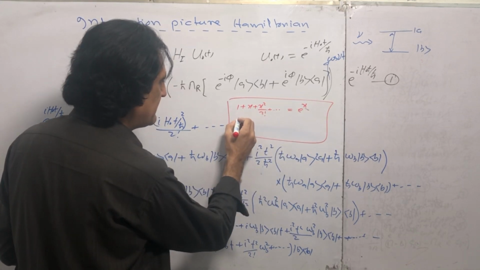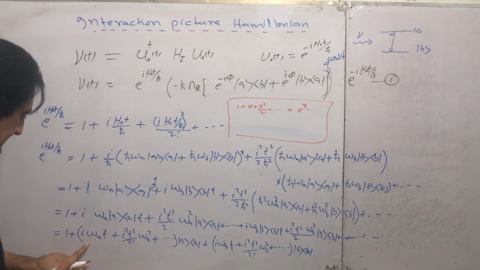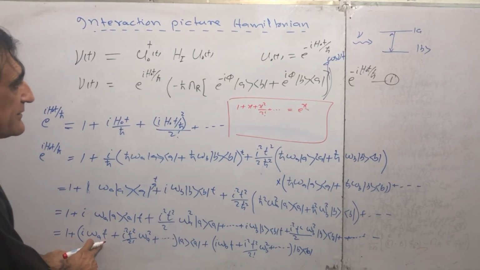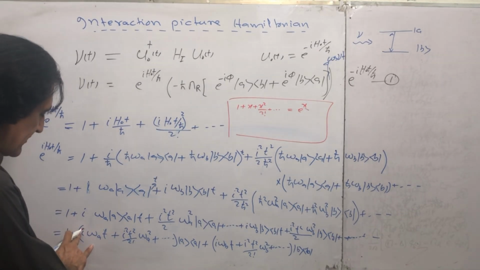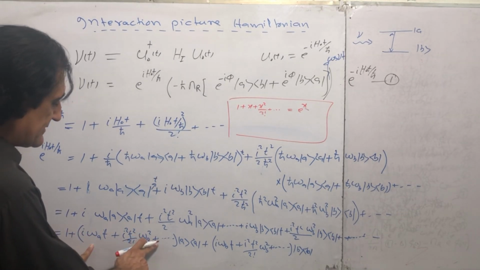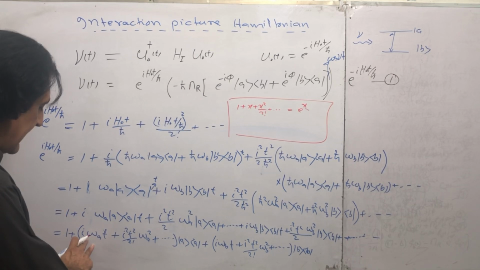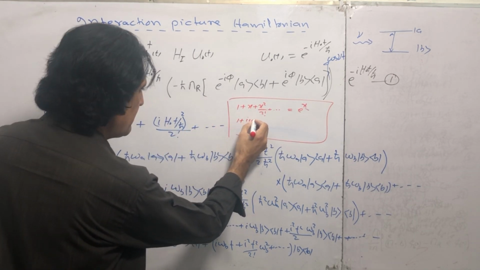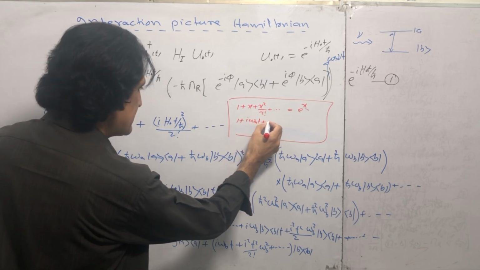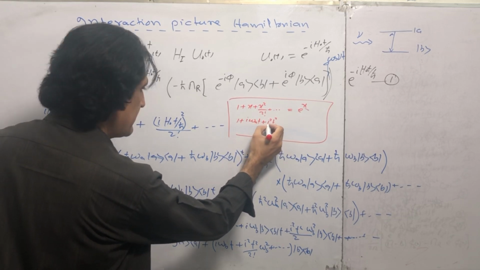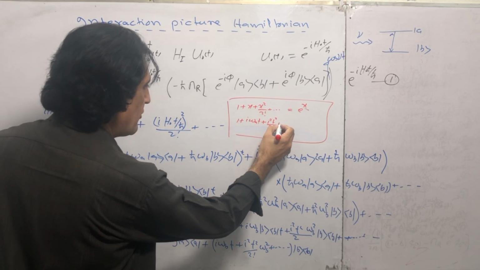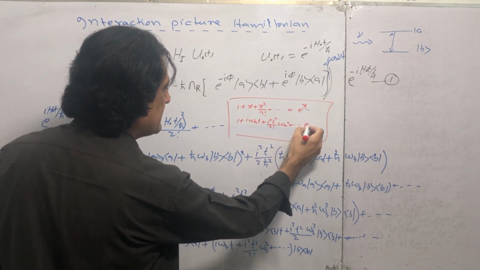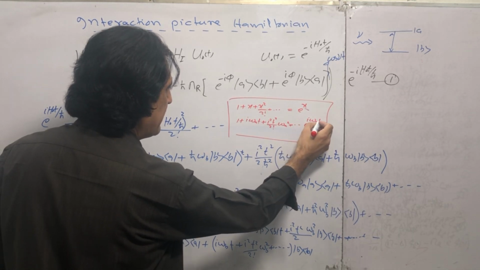And similarly, if I look at this term, if I write 1 plus iota omega a t plus iota square t square divided by 2 factorial omega a square and so on, then I can take this as e to the power iota omega a t.